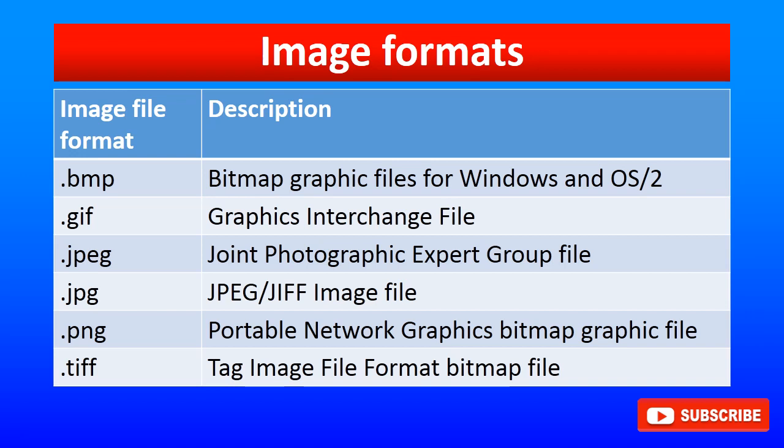Then JPG, it is a JPEG only, and also a GIF image file. Then the next one is PNG, the full form is Portable Network Graphics bitmap graphic file. And the last one is .tiff, that is Tagged Image File Format. It is also a bitmap file.